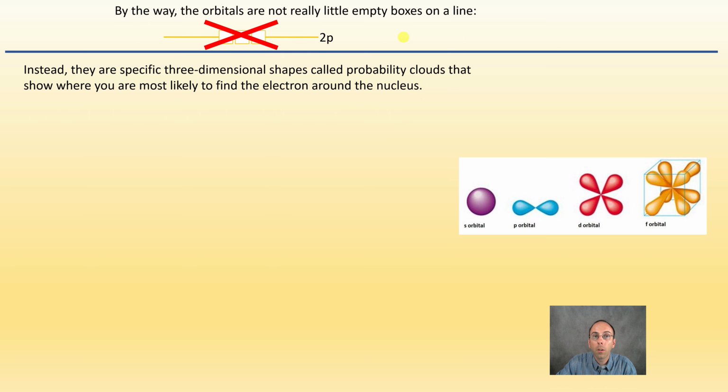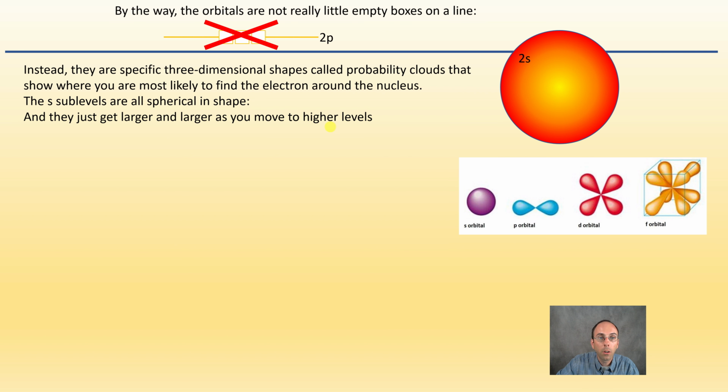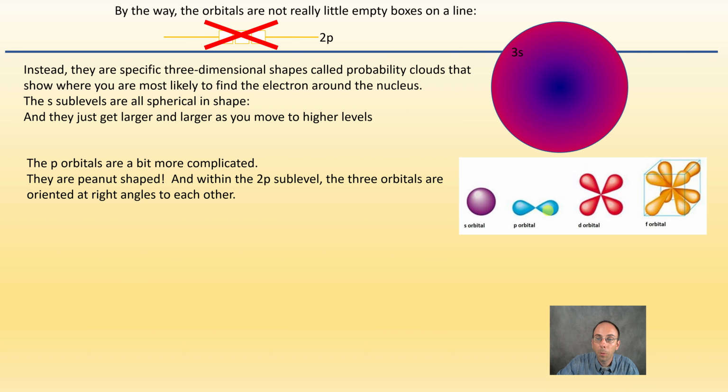Remember, orbitals are not literally empty boxes in a line. Instead, they're specific three-dimensional shapes. They're those probability clouds that show where you're most likely to find the electron around that nucleus. The s sublevel is that spherical shape. As they get larger and larger, they move to higher energy levels. The p gets a little bit more complicated, looking more like a dumbbell or peanut shape.